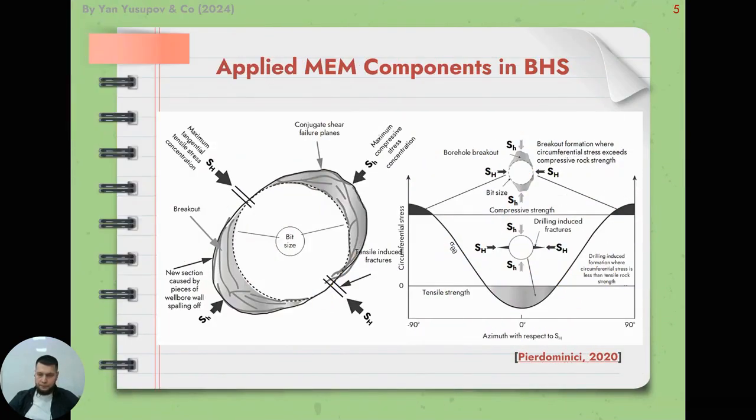This is one example of application of the mechanical earth model for borehole stability. When the hoop or circumferential stresses in a rock exceed the strength of the rock, the rock would fail in the form of tensile or shear fractures.